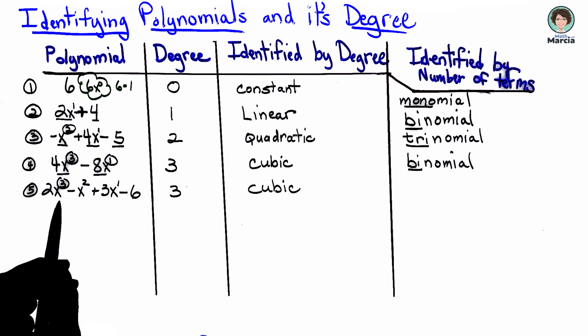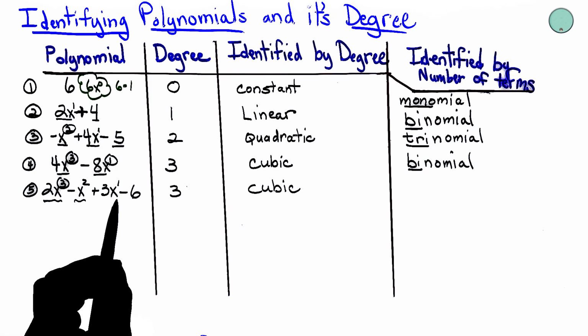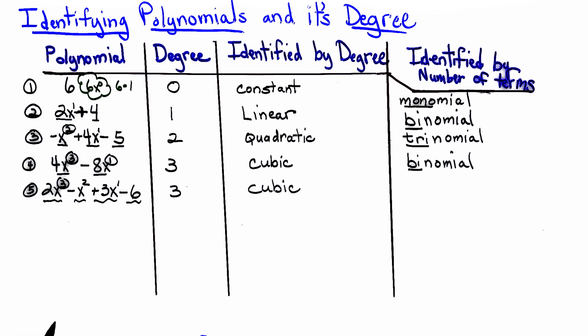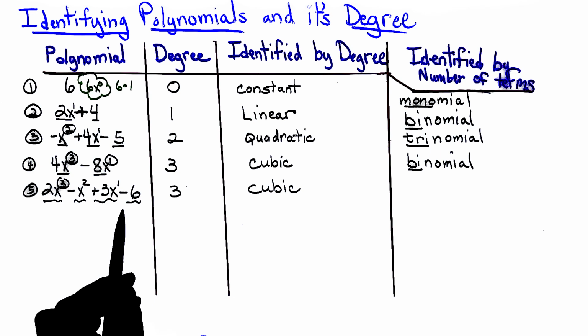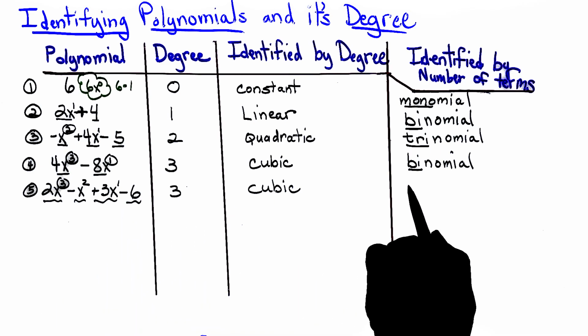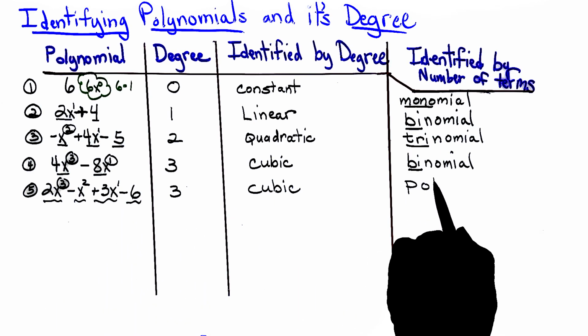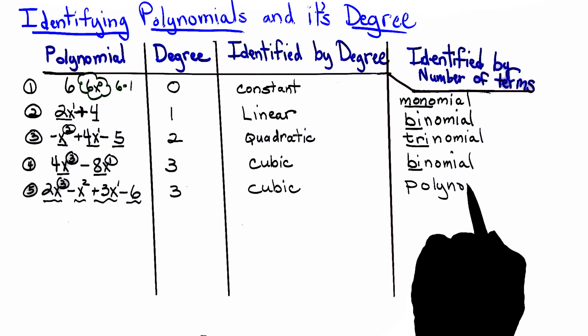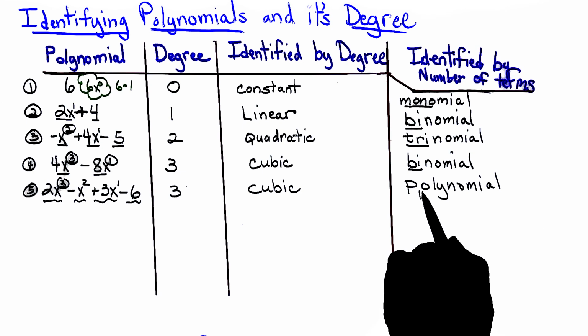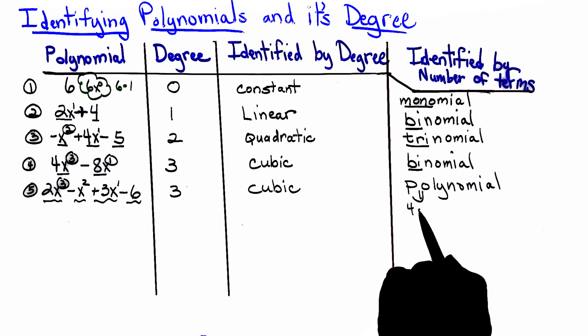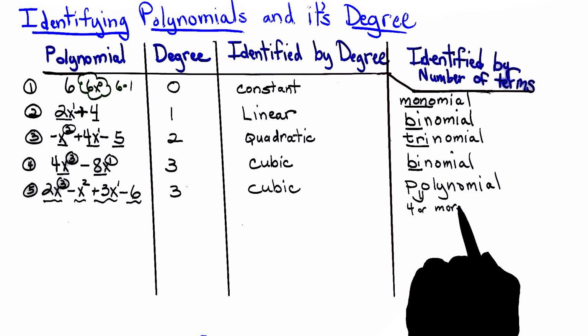However, it has 1, 2, 3, 4 terms. And when you have 3 terms, remember, 3 was a trinomial, but anything 4 or more is going to be called a polynomial. There are no special names for those. So for a polynomial, to remember, it's 4 or more terms.